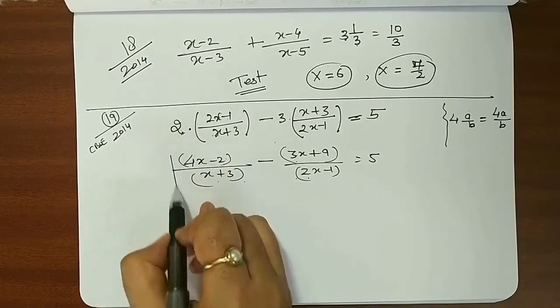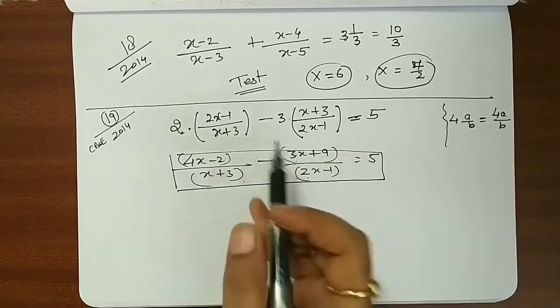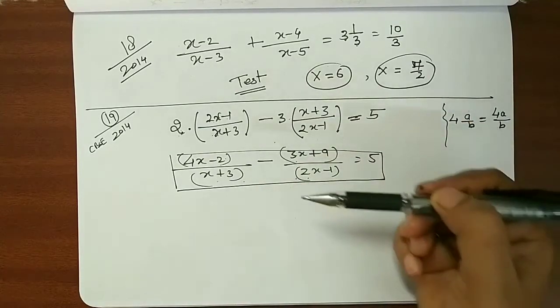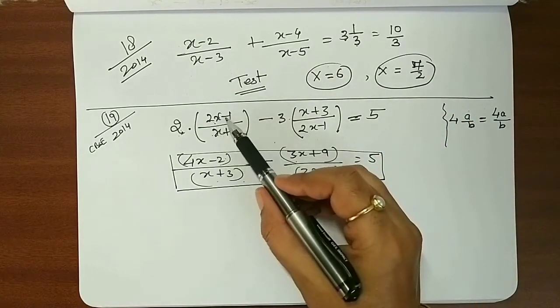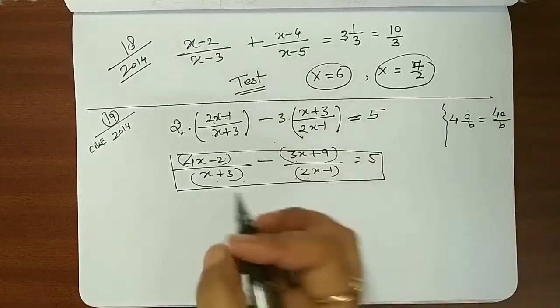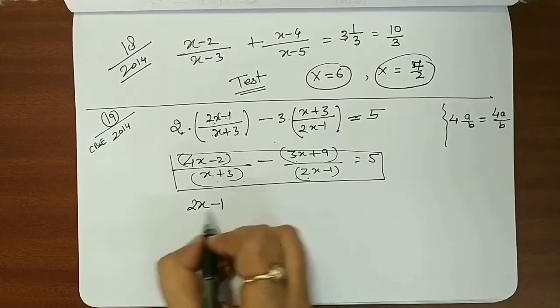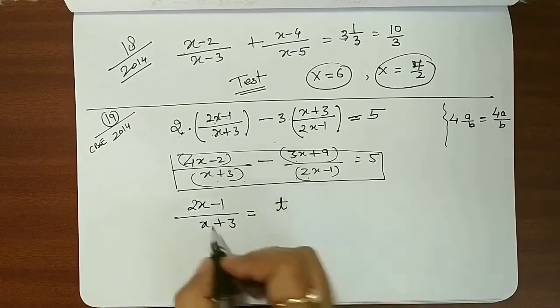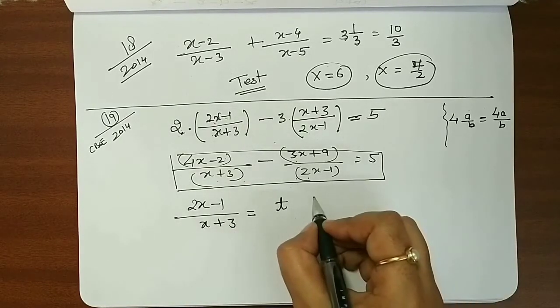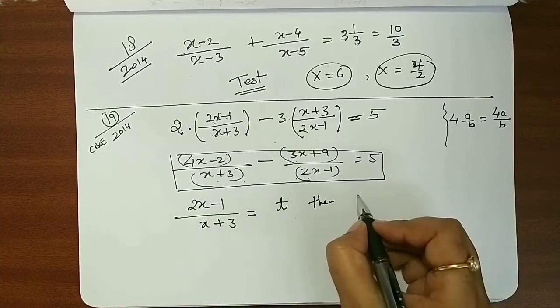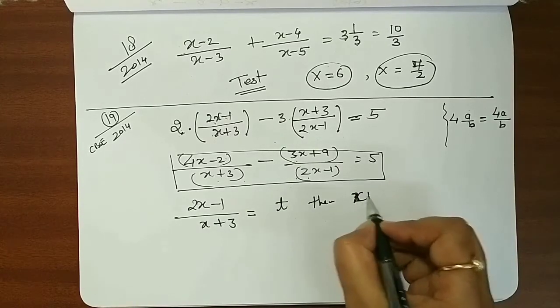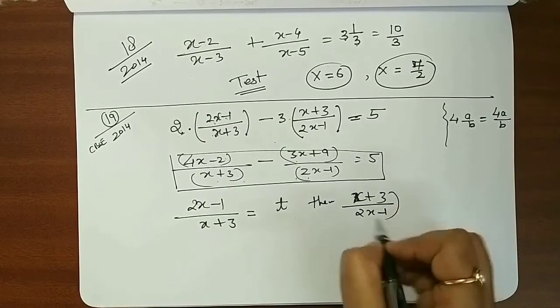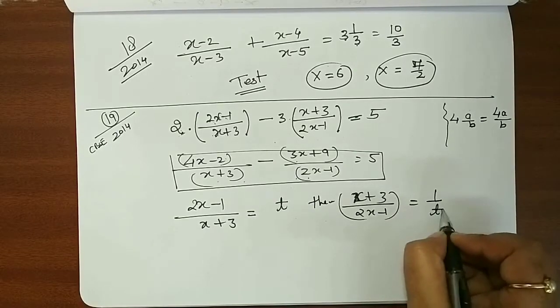But guys, better than this method, by observation, let me consider 2x minus 1 by x plus 3 as t. If this is t, then what will happen? x plus 3 by 2x minus 1 will be 1 by t.